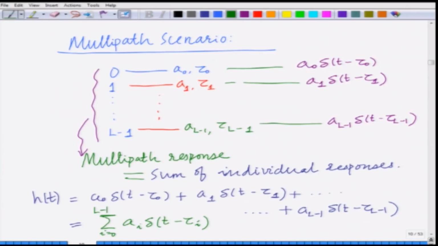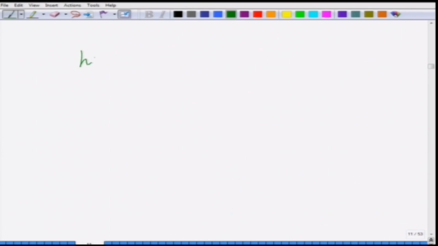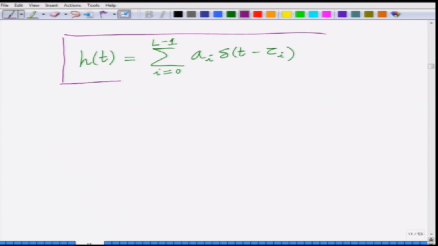Therefore, we have now developed a model for this intermediate channel, that is, the response of the channel h(t) in terms of the attenuations and the delays of the paths. This response h(t) is equal to the summation, i equal to 0 to L minus 1, of a_i delta(t minus tau_i).